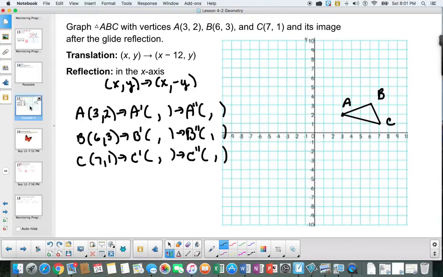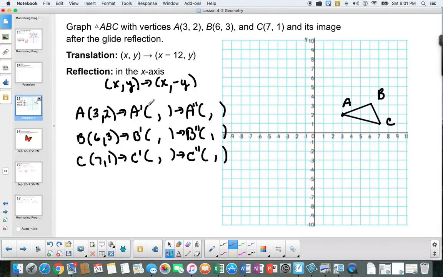Okay, here is an example of a glide reflection. It's a translation and a reflection, so 2 rigid motions in a row. And I'm going to go ahead and demonstrate that right here. So the first step is to take the point 3, 2, and I'm going to subtract 12.